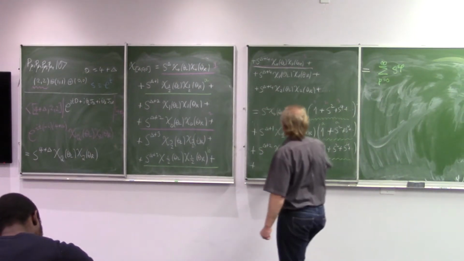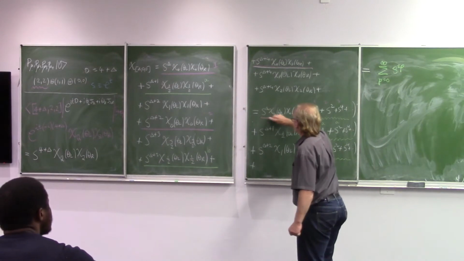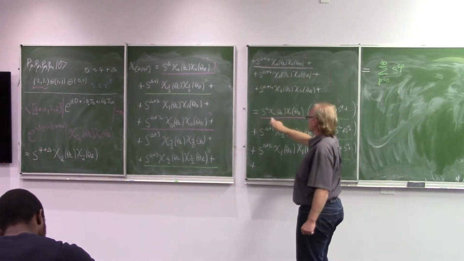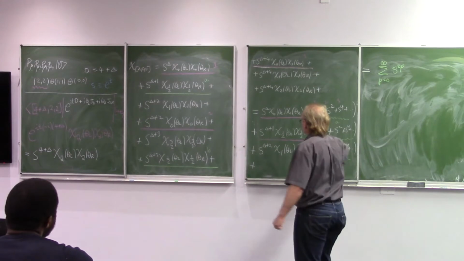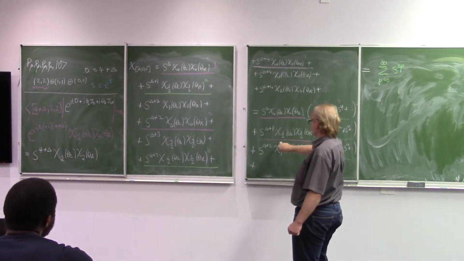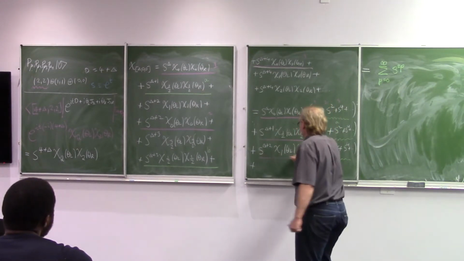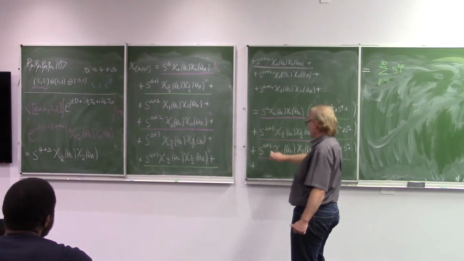Look at the first factor. I've got s to the delta 0. Now, delta is increased by 1, I've got 1/2. Delta is increased by 2, I've got 1/1.